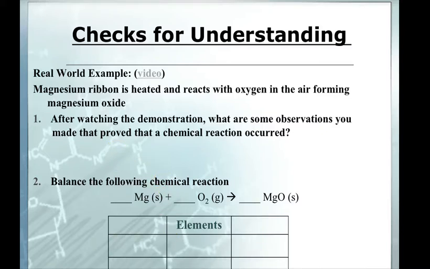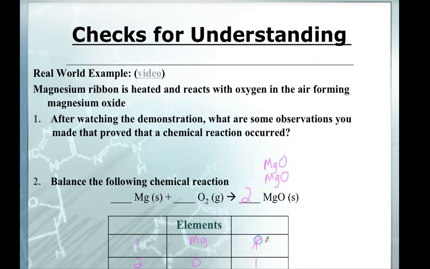You're going to notice that's a synthesis reaction. You have magnesium and you have oxygen. I have one magnesium and two oxygens on the left side of the arrow and one on the right side. So obviously I need to get two oxygens. I'm going to have to put a 2 here. That tells me I have 2 of these.